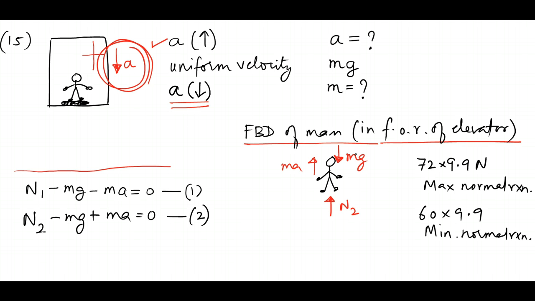Now in the FBD which has been drawn here, clearly the pseudo force which is in the upward direction is helping N2 to balance mg.